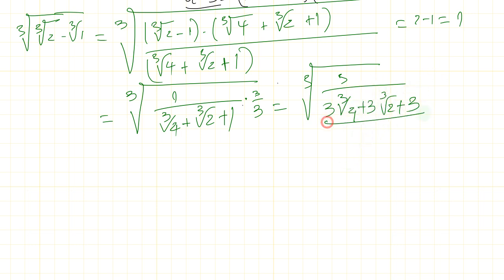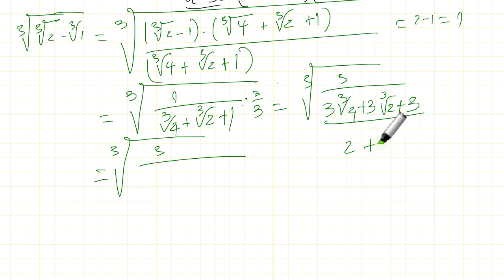Now let's pick this one here, guys. So this is going to be cubic root of 3 divided by this one here. I can rewrite 3, guys. Here we can say that 3 is 2 plus 1.